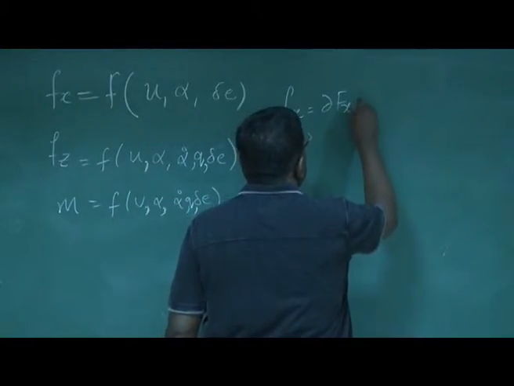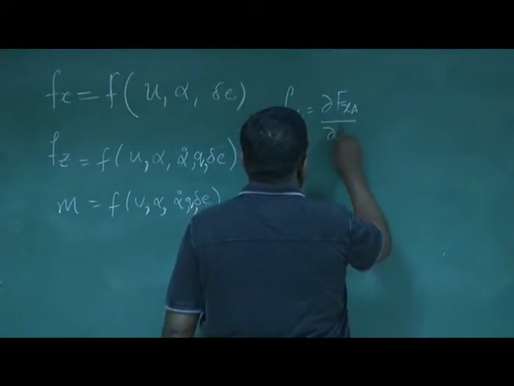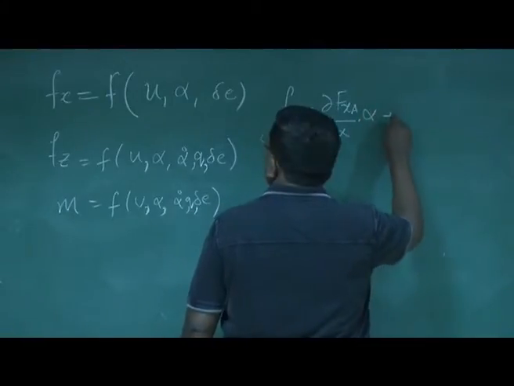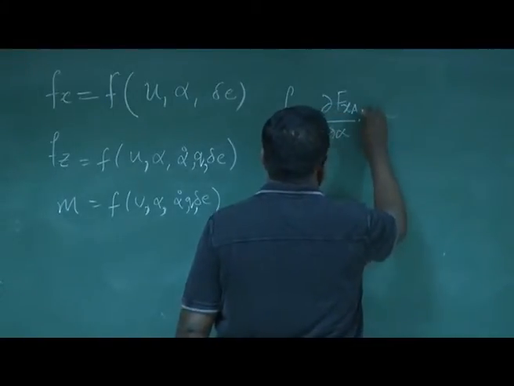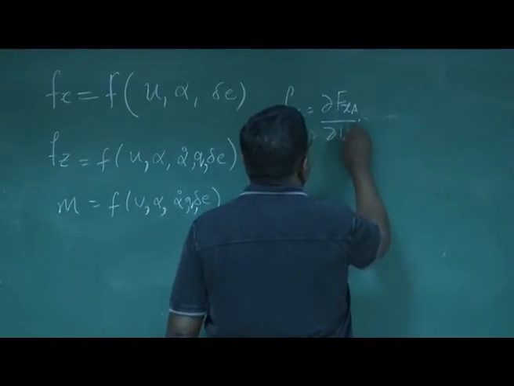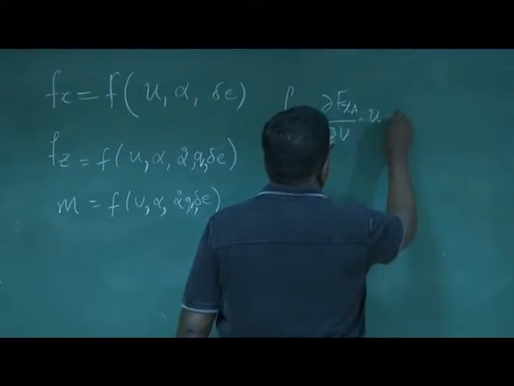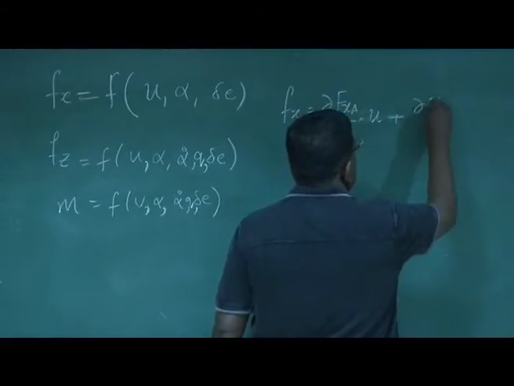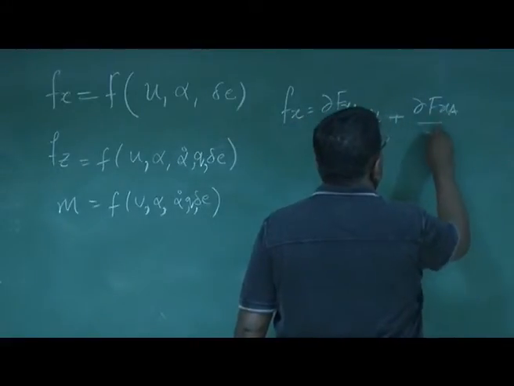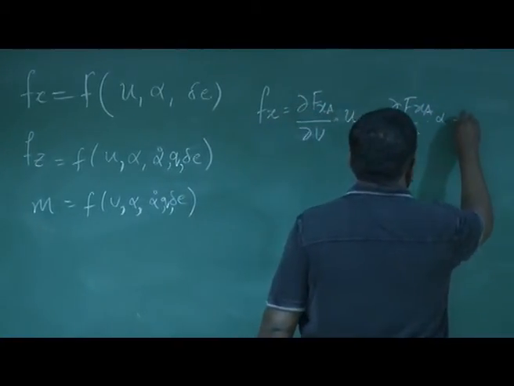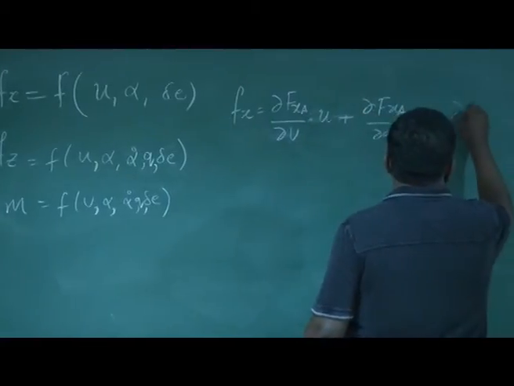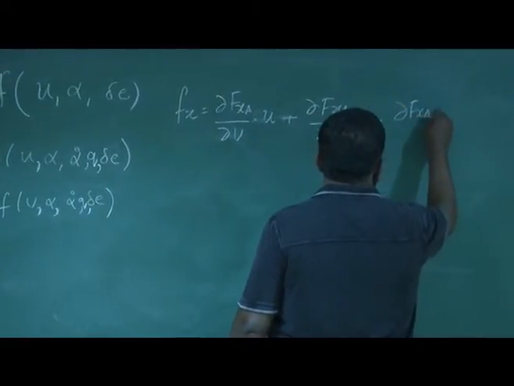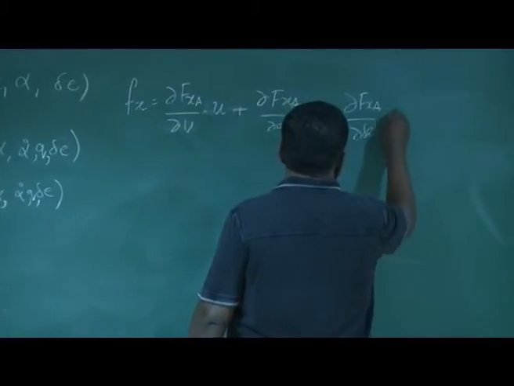First u, so first I write dFxa by du into u, then plus dFxa by d alpha into alpha, plus dFxa by d delta E into delta E.